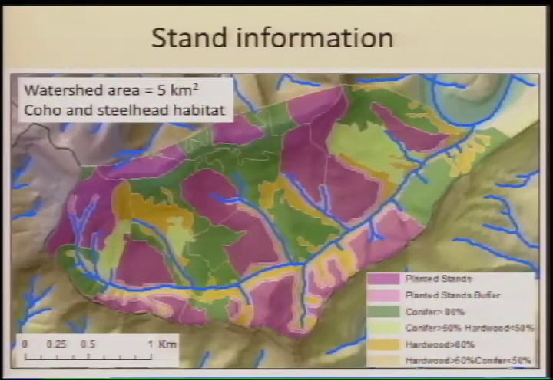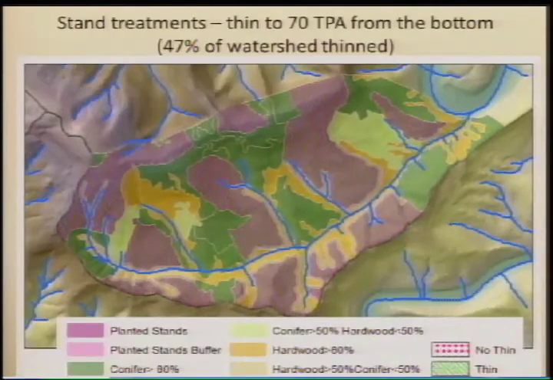And we've got some mixed stands here too that are still predominantly conifer, but not quite as much. Some hardwood stands, hardwood buffer areas, all through here. And there's that last color down there, which is about half and half mixed hardwood and conifer.